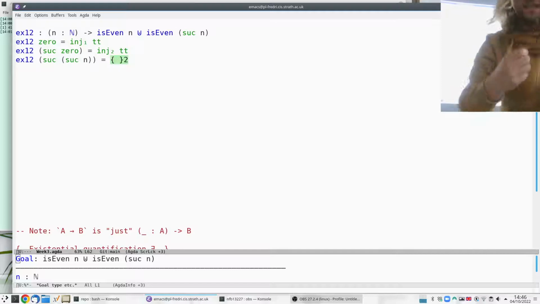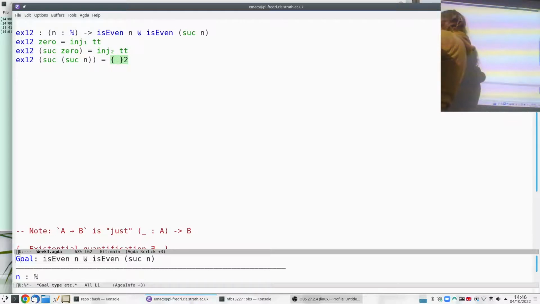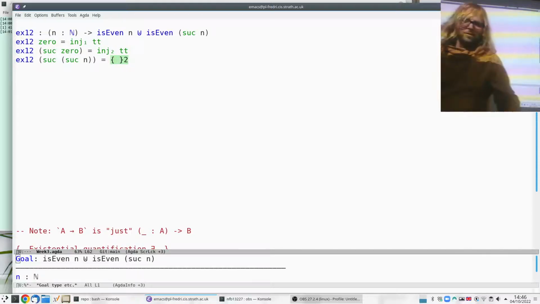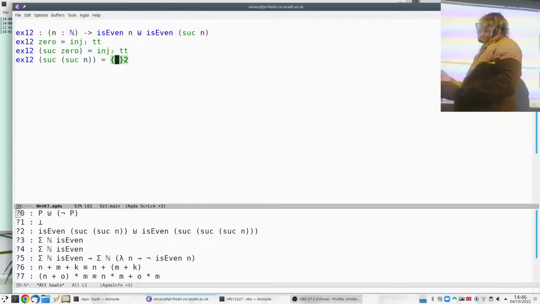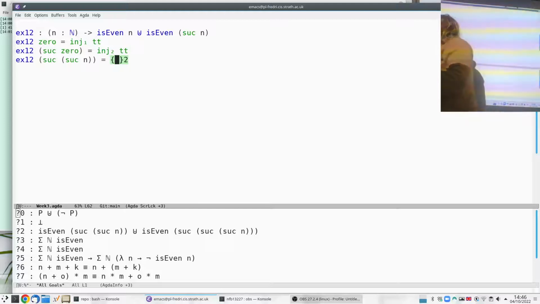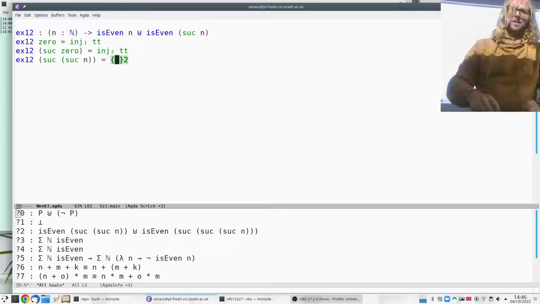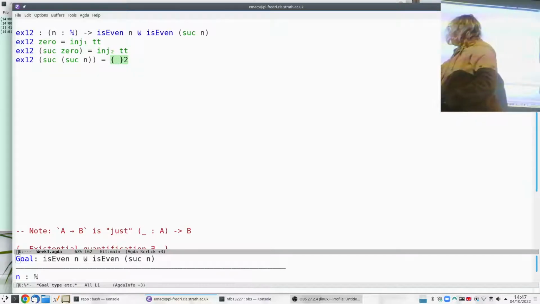And in this case, we now see that everything has computed. Before, if I just load, this is this horrible long thing, is even of suc n, or is even of suc n. But is even of suc n computes down to is even of n. And similarly, so if I just do a recursive call here, I get exactly what I want, right?